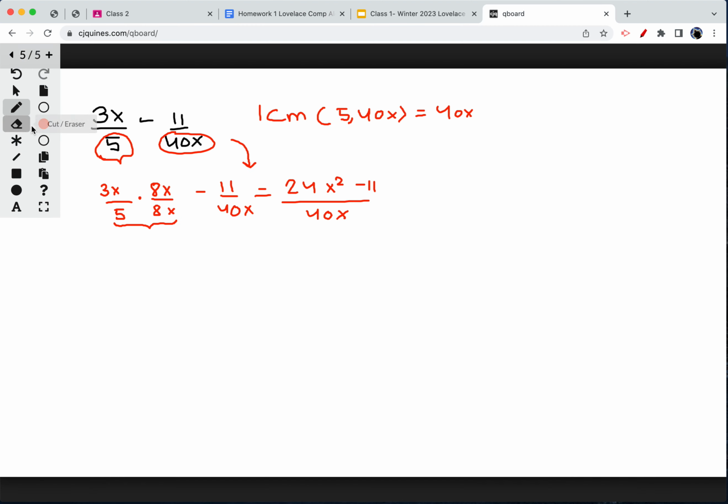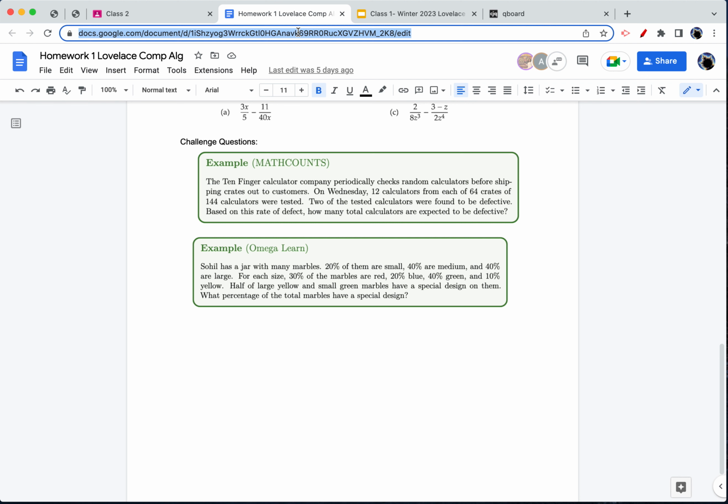Okay, so I'll do the first challenge question. These are kind of unrelated to the lesson, but they're just optional and they're supposed to be like competition questions. So the first question says that the 10-finger calculator company periodically checks random calculators before shipping crates out to customers.